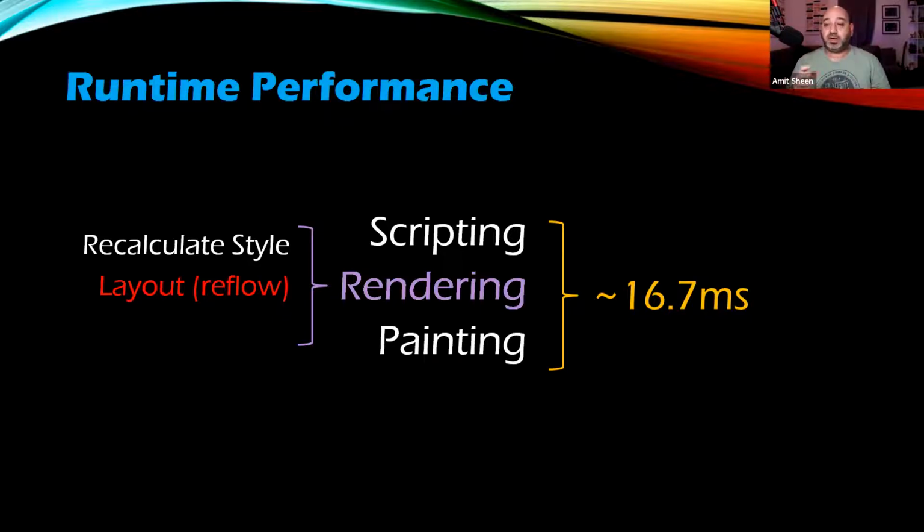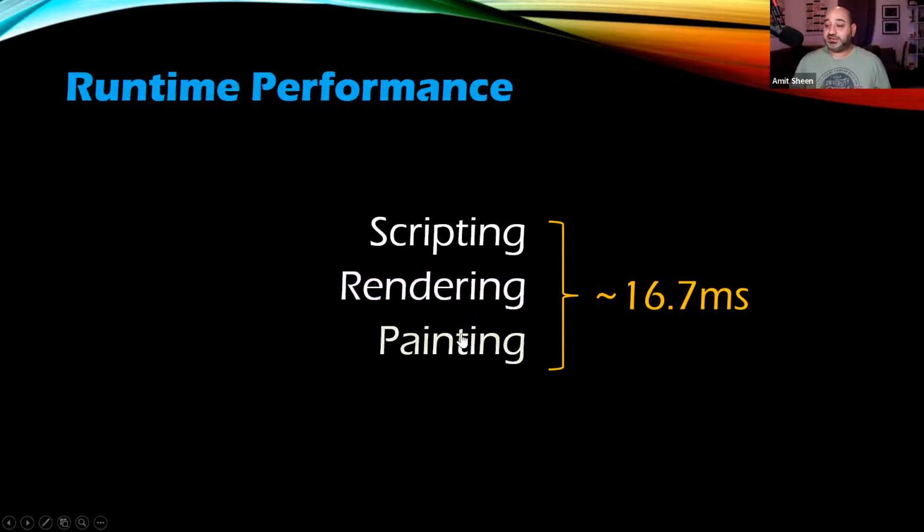And a reflow, I marked it in red because it's very, very expensive in terms of performance. The last thing in the rendering process is to update the layer tree, and we're going to talk about layers in a few minutes. After the rendering part, the last thing it does, again in every frame, is painting.